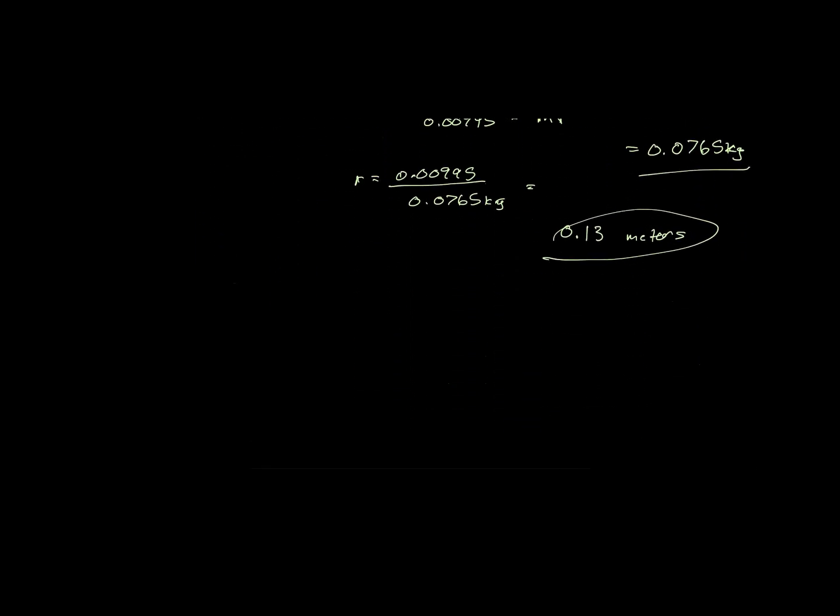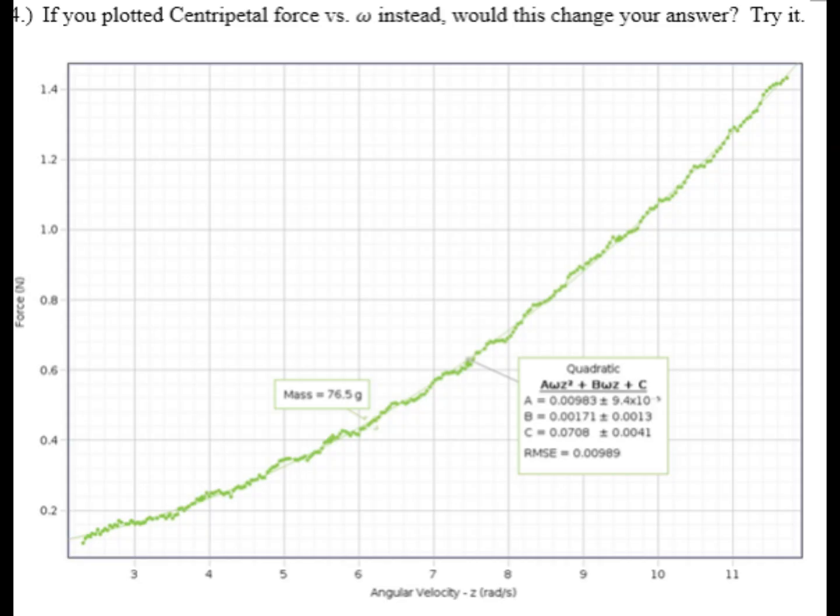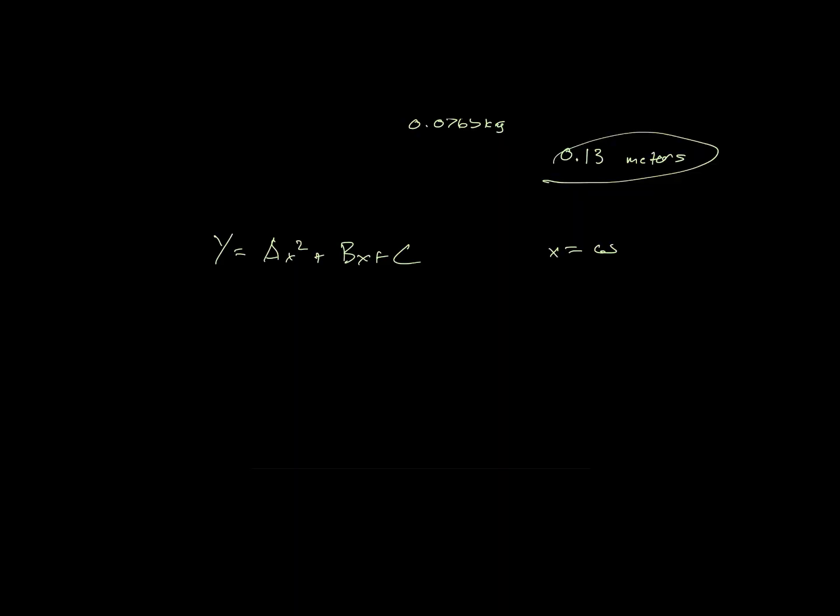Now for the next equation, if you didn't use omega squared, instead of getting a linear expression, you would get y equals ax squared plus bx plus c, where x is omega, okay? I don't know if you've ever done this trick in algebra or calculus, probably like calculus 2, where you match the coefficients, right?